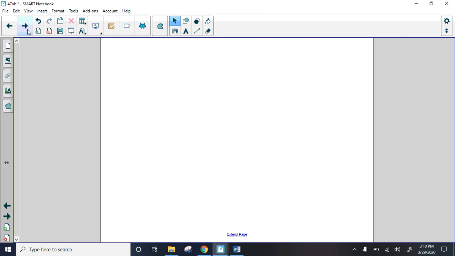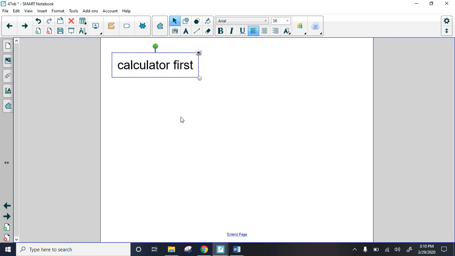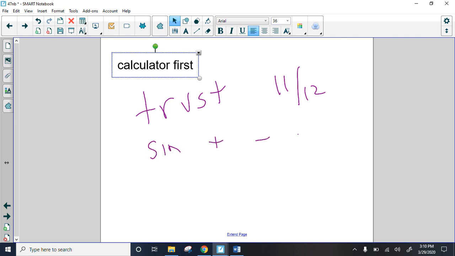Okay, so the first thing that we're going to do is actually use the calculator. So using the calculator, there's kind of a good thing. We can trust our calculator for 11 out of 12 instances. Sine, we can trust it if it's positive or it's negative.